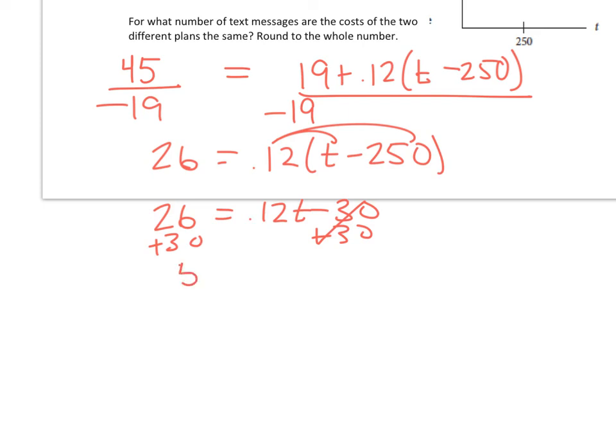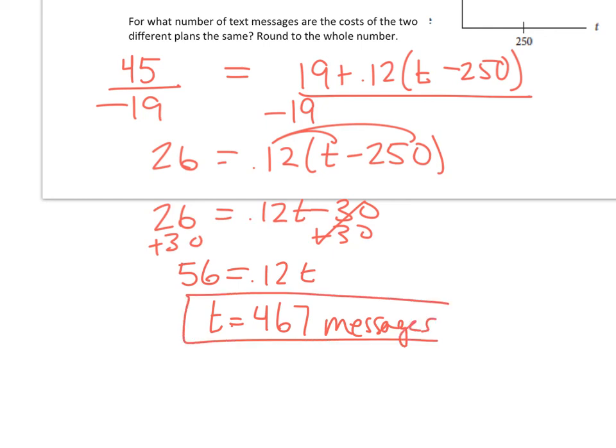So now I have 56 equals 0.12 t. Divide by 0.12, t equals 466. Well, if we round it, it's 467.